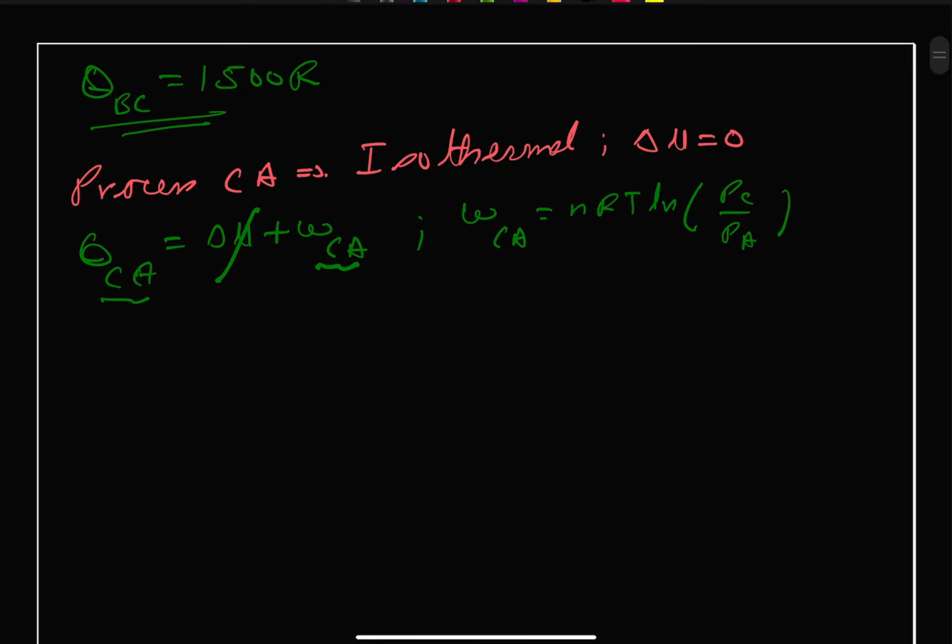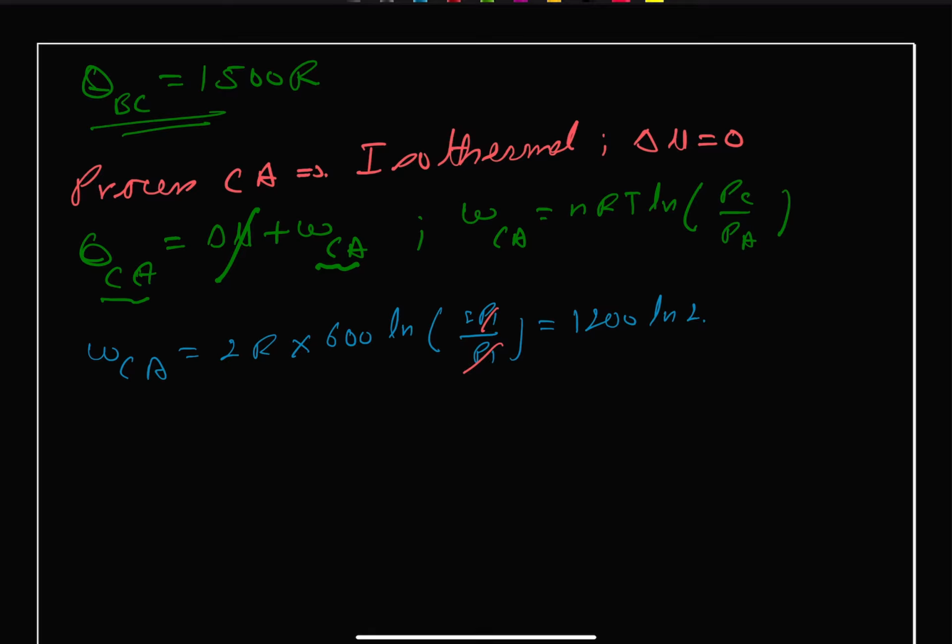We get WCA, N is 2, R, and temperature is 600, and we have natural log of twice P1 divided by P1. P1 and P1 cancel out, so we get this as 1200 R natural log of 2.